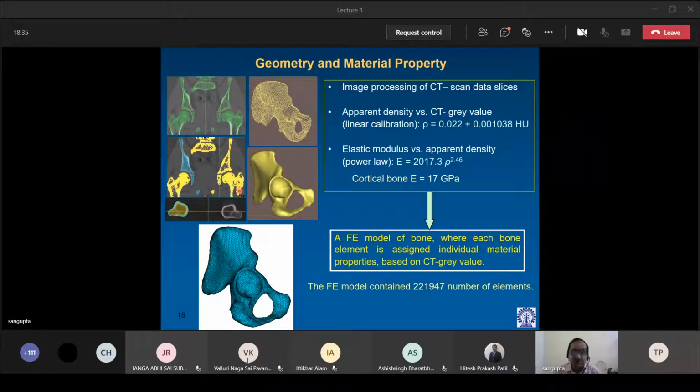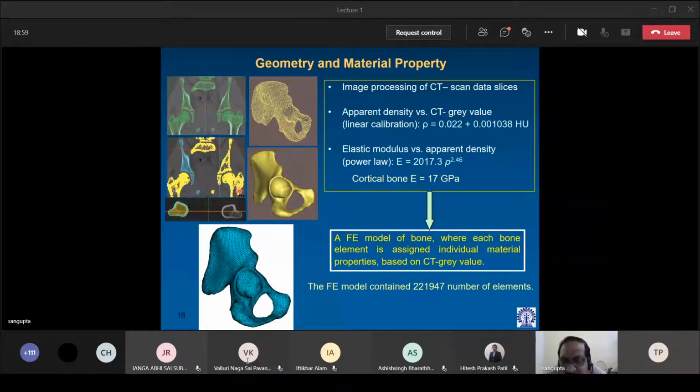Obviously, the smaller the element size, the better your approximation. With a small finite element, the averaging effect of variation in gray value would be much less.